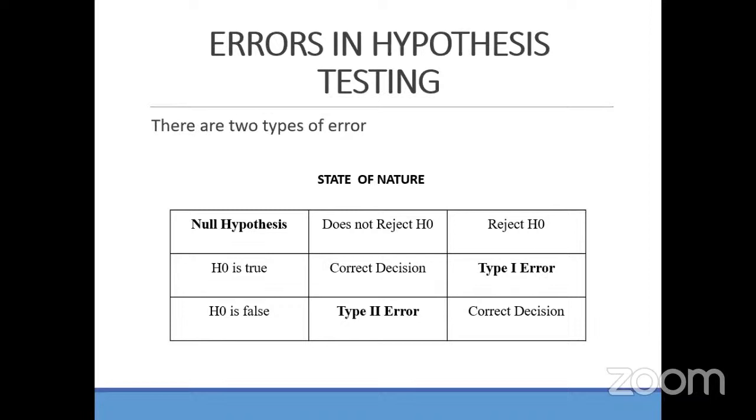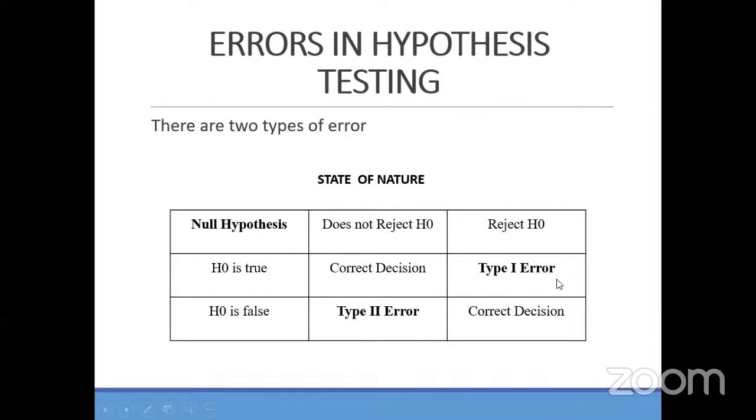So for the null hypothesis, there are two cases: either it is true or false, right? So you do not reject or you reject the null hypothesis. Consider this case: H naught is true, your null hypothesis is true, and you are not rejecting it. Yes, it is a correct decision. But if H naught is true and you are rejecting it, it is called a type 1 error.